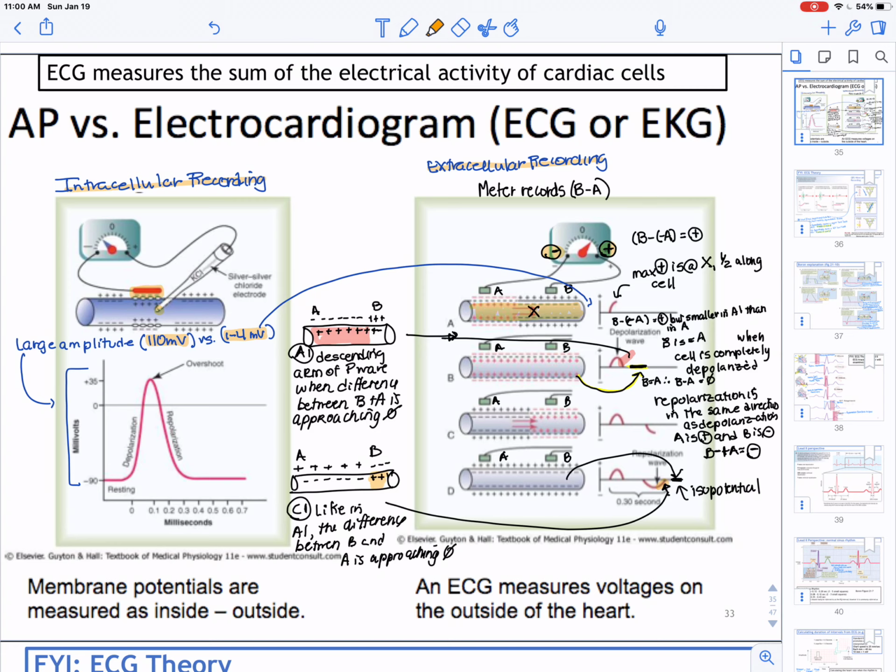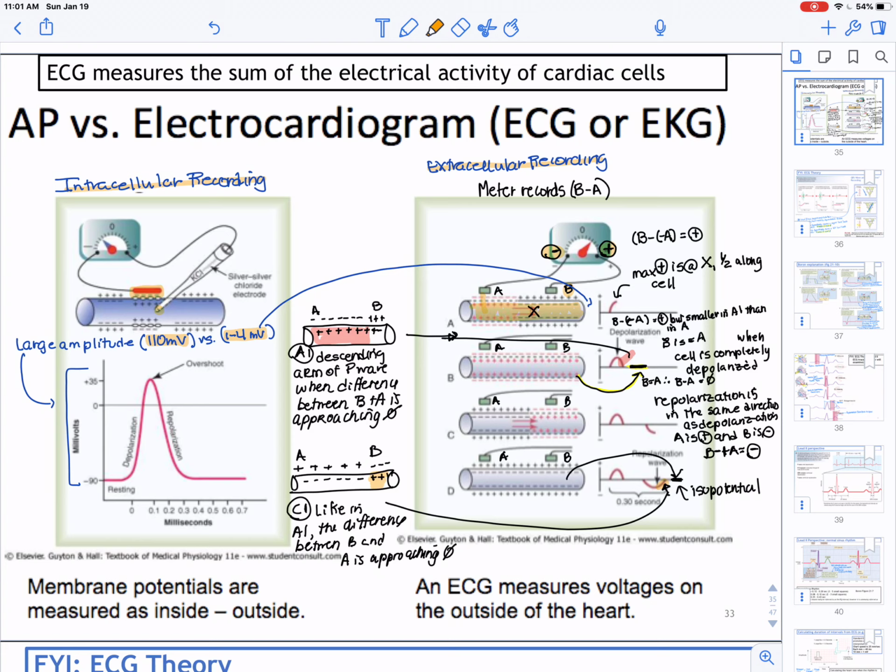And in A, we're looking at depolarization approaching B. So A is measuring the extracellular charge difference at the location of A, and B is measuring the charge at B when that region has not yet depolarized.